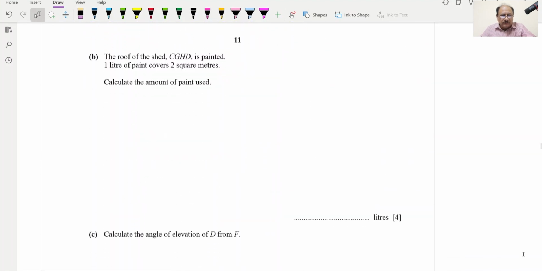Now for part B, they are saying the roof of the shed CGHD is painted. 1 liter of paint covers 2 square meters. Calculate the amount of paint used.